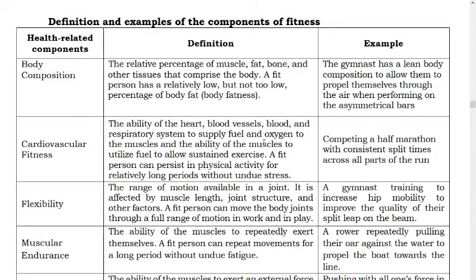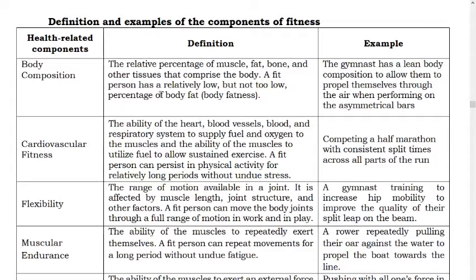Before you answer your learning activity sheets, let's have first the definition and example of the components of fitness. So we have here the health related components, the definition, and the example. So for number one, we have here the body composition. The definition: the relative percentage of muscle, fat, bone, and other tissues that comprise the body.